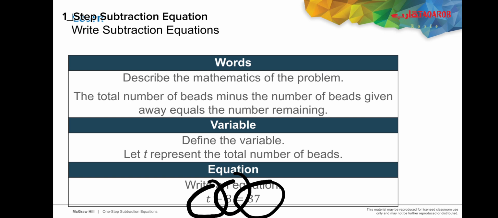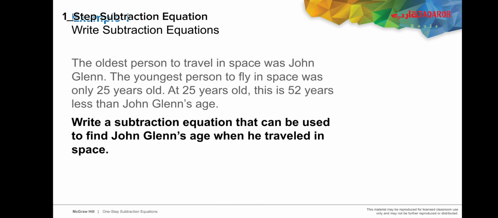Now, when I form it, if they ask us to find, I can just continue the equation. But as we said, till now, the questions are asking to write a subtraction equation, not to solve it. For example, they say the oldest person to travel in space was John Glenn.